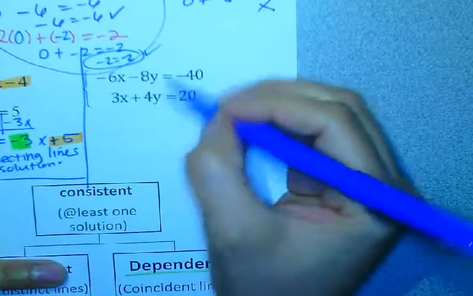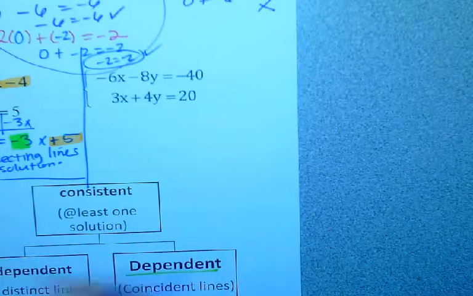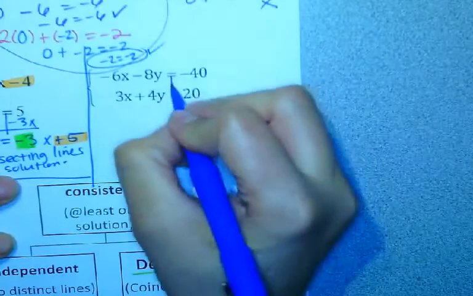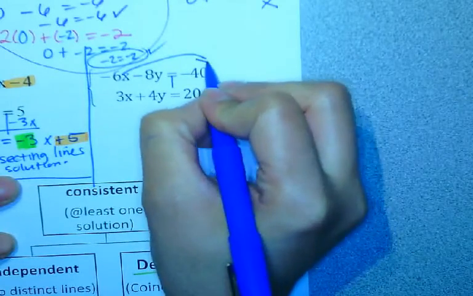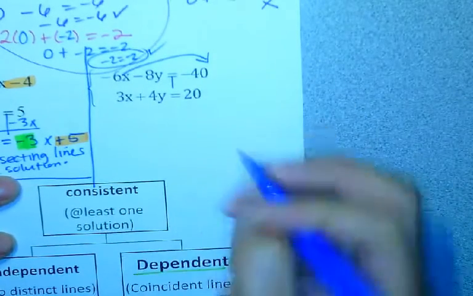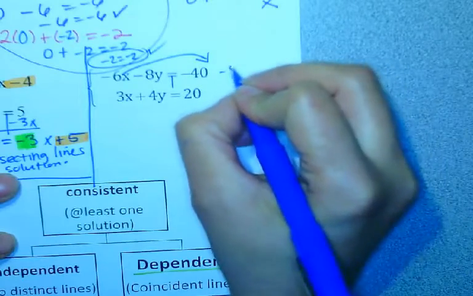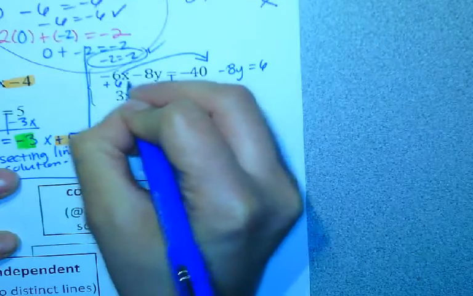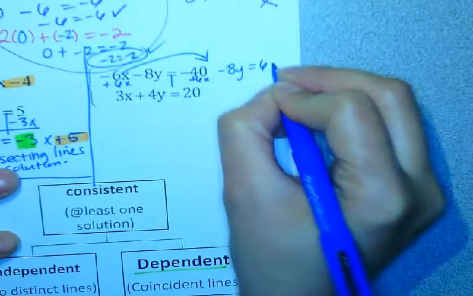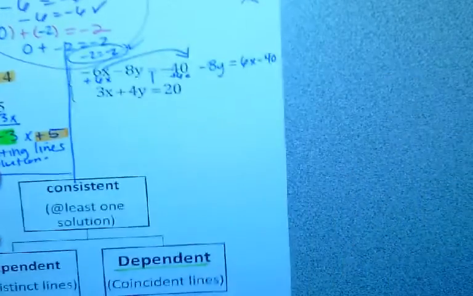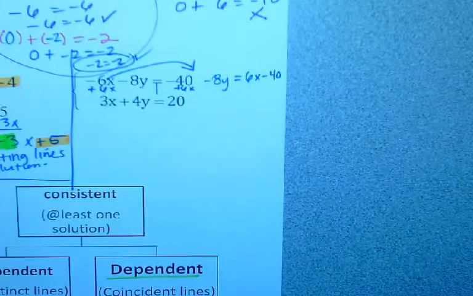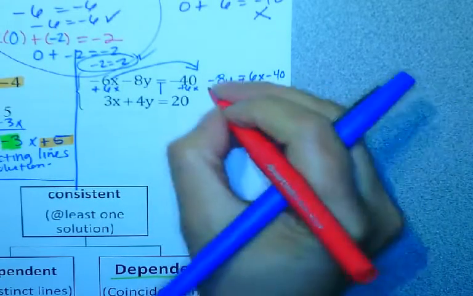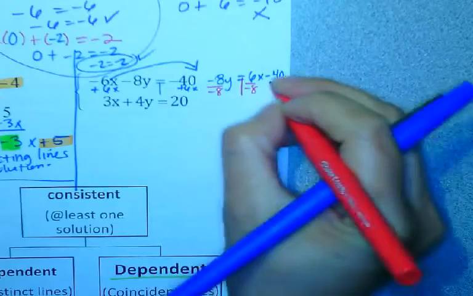This one, both are in standard form, so I have to change them to slope-intercept form. I'm going to move the x over, and I'll rewrite it over here. Negative 8y equals 6x minus 40. Still don't have y alone, so I have to divide by negative 8.